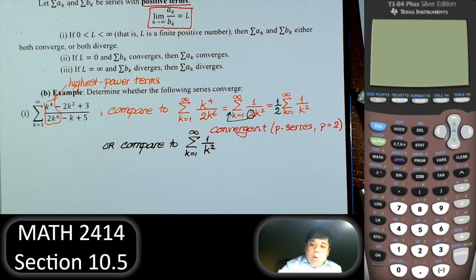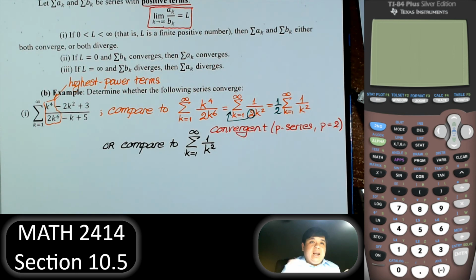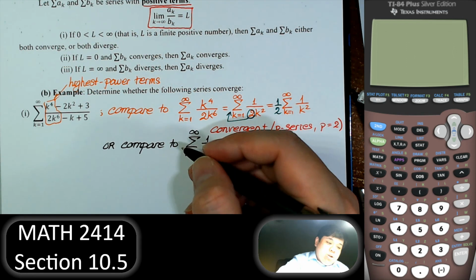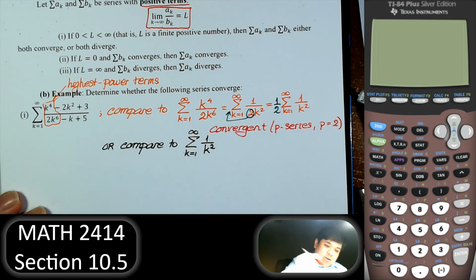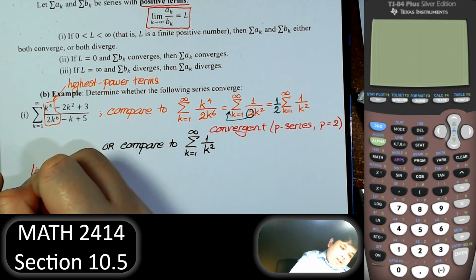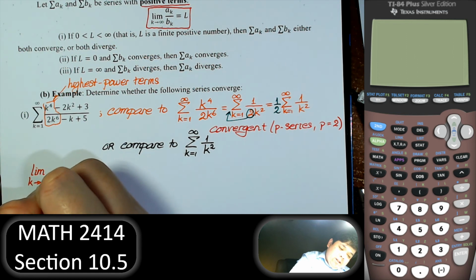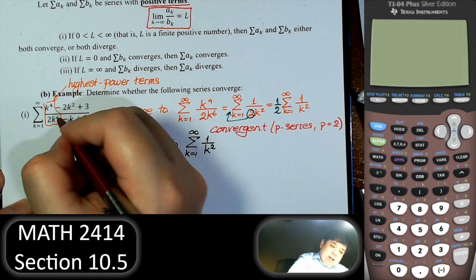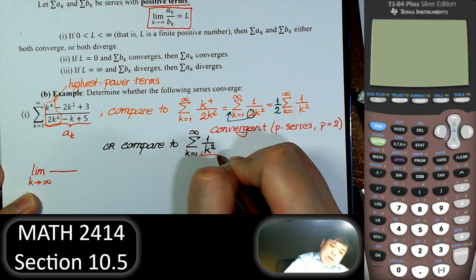Now, what we do next is check the ratio of those two terms. Like I said, don't have to worry about which one is divided by which. We're just going to divide them and see what happens. Now we'll check the limit. Let this one be a sub k, and that one be b sub k.